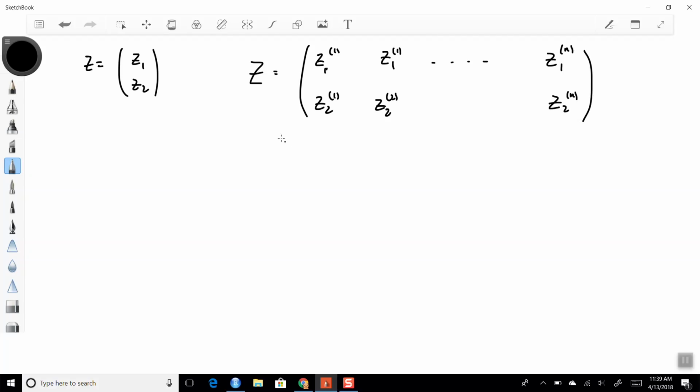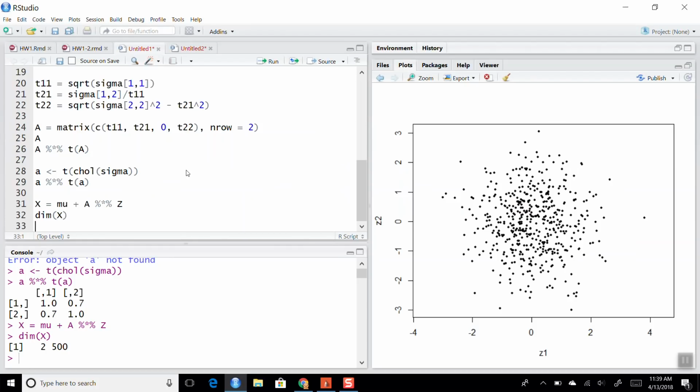Okay, and R expects things in column form, where we want z1 to z1n, and z2 to z2n. R wants it this way, so that's why I'm transposing them.